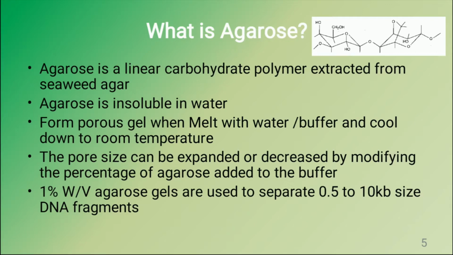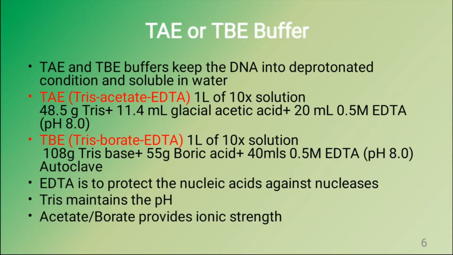In general, 1% weight by volume agarose gels in buffer are used to separate 0.5 to 10 kilobase size DNA fragments. In general, to perform agarose gel electrophoresis, the preparation of the gel and gel running are performed under a buffer called Tris acetate EDTA or Tris borate EDTA buffer.